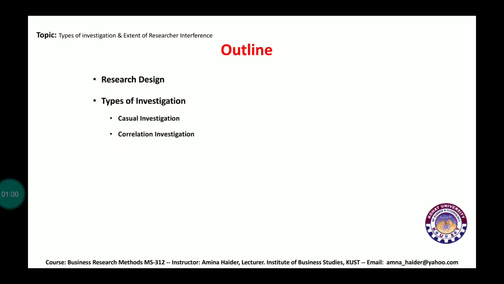Types of investigation, causal investigation, correlation investigation, and we would learn about different levels of researcher interference in the study, how we are going to control the external factors, and in the end we would summarize the whole topic discussed.